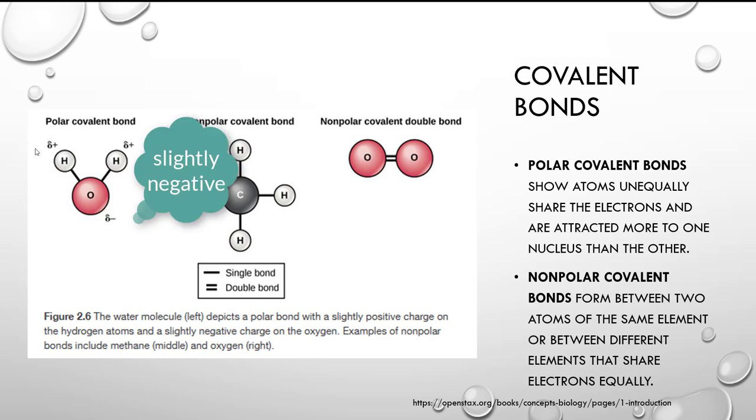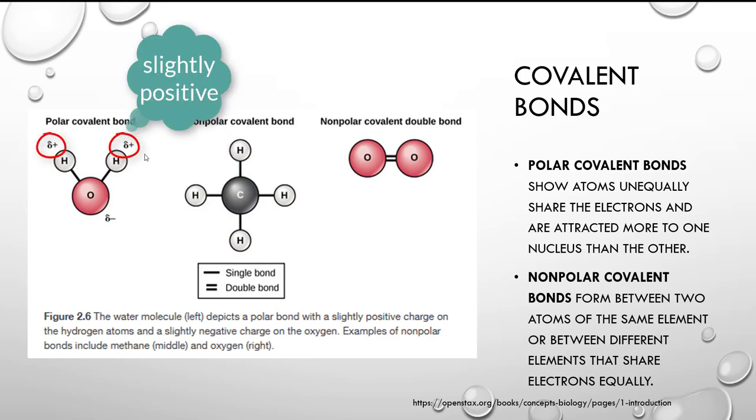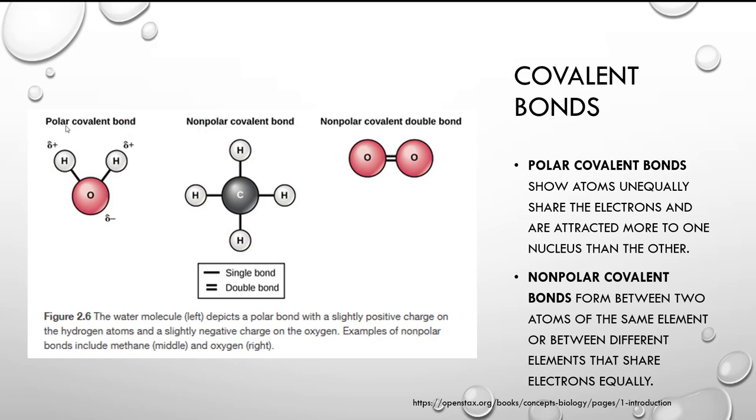On this side, there'll be less time that there are electrons there because they'll be most likely circulating the oxygen. So there'll be a slight positive charge on this side and this side of the molecule. That is due to the polarity of this particular molecule.